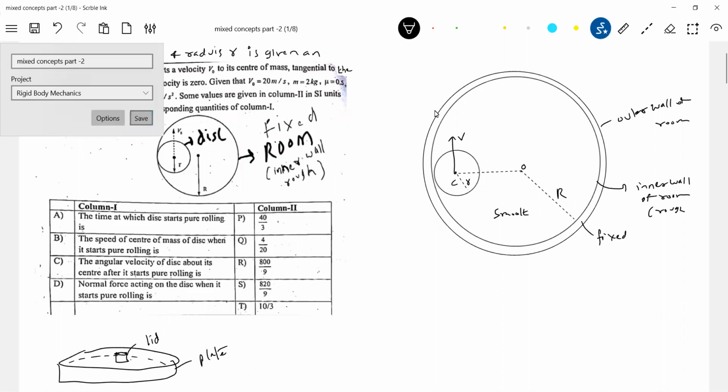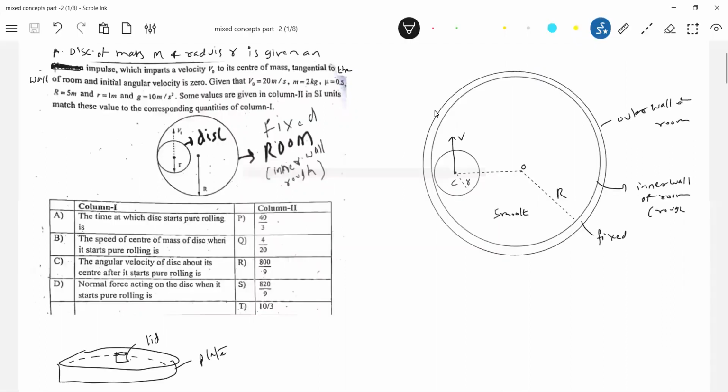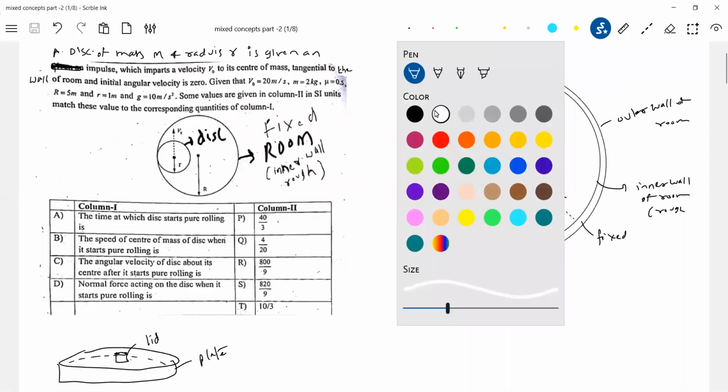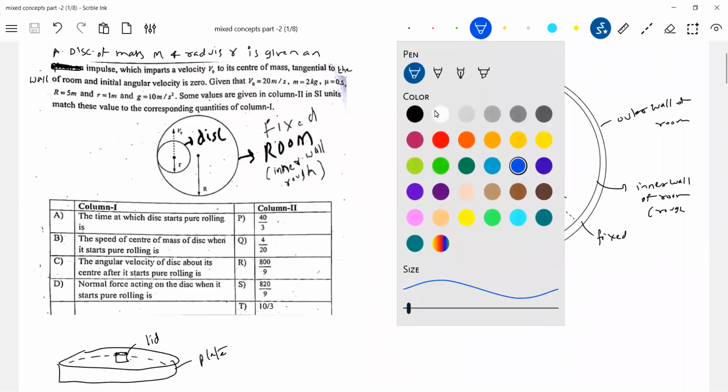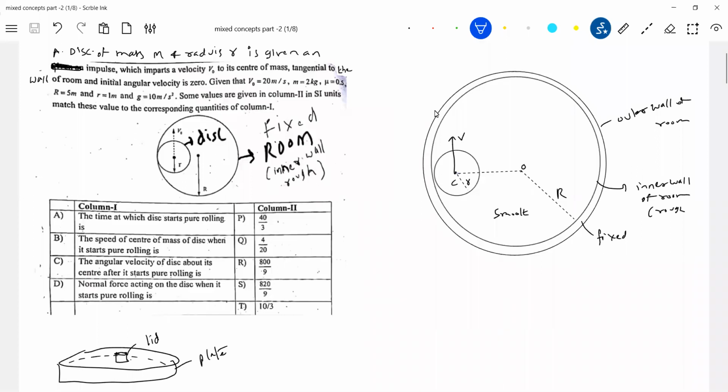So it will have normal contact with the wall. Initial velocity given is v naught.